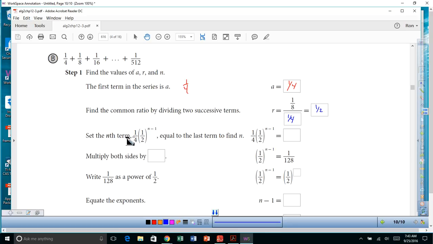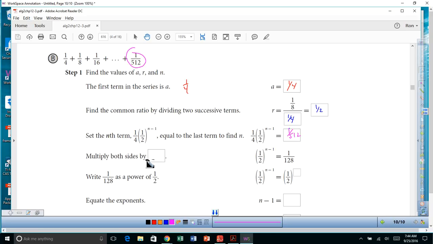So the nth term, 1/4 times 1/2 to the n minus 1, is equal to the last term to find n. So what was the last term? The last term here is 1 divided by 512.